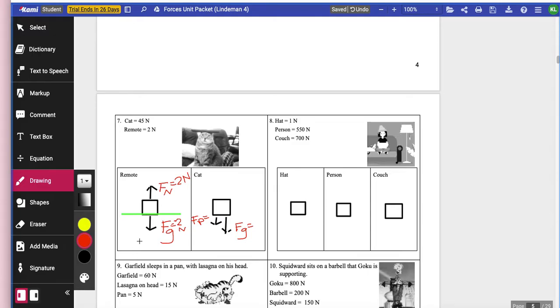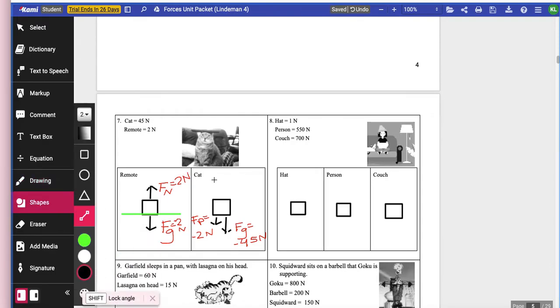For this next one, we have a gravity force of the cat. The cat weighs 45 newtons, so the gravity force is -45. The push force is coming from the remote, which weighs 2 newtons, so that is -2 newtons for the push force.